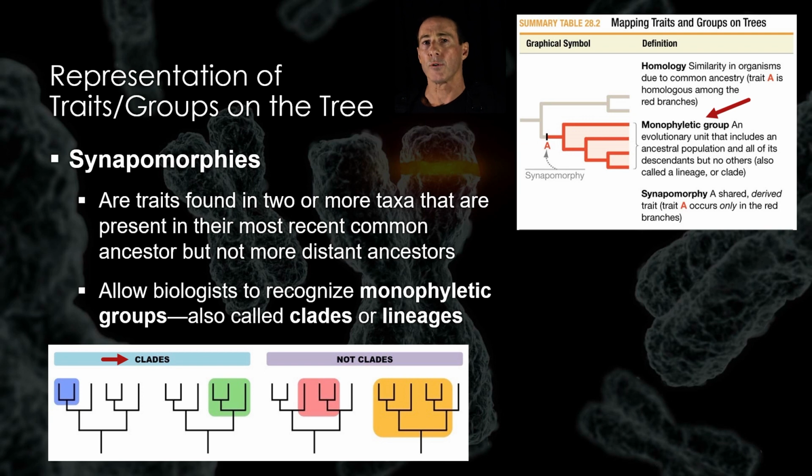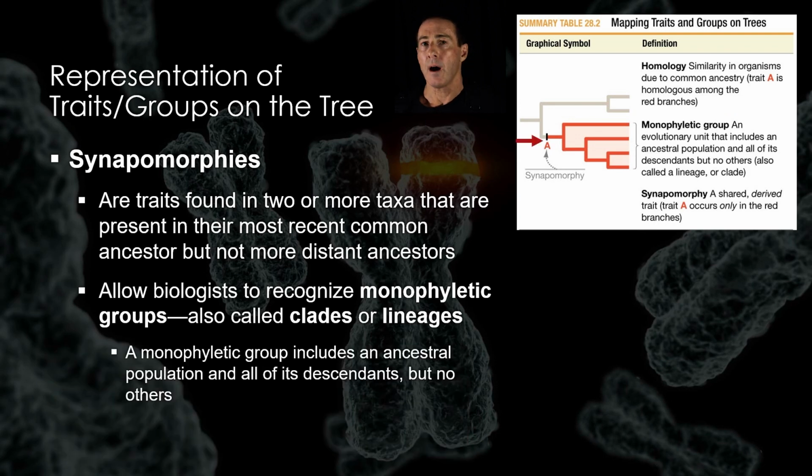A monophyletic group or clade includes an ancestral population and all of its descendants, but no others. A monophyletic group includes an ancestor and all of its descendants, but no others.